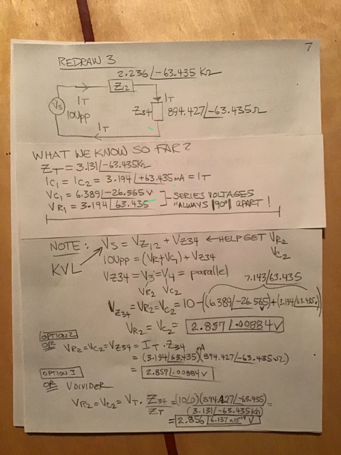So I did you a favor here and I said, hey, I know there's 10 volts right here. And I just finished calculating the voltage of the two parts located in this little circle up here. Here it is: 7.143 at an angle of 63.435.